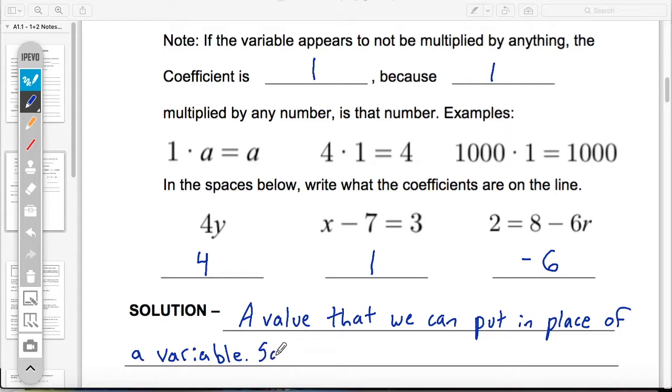Solution is also referred to as the answer. Even outside of math, in a real world problem, if we were looking for a solution to someone's problem, we're looking at how to solve it, the answer to their problem. Pause the video if you need more time.